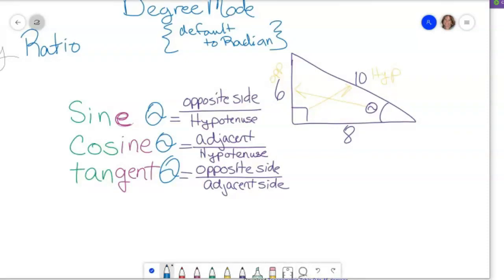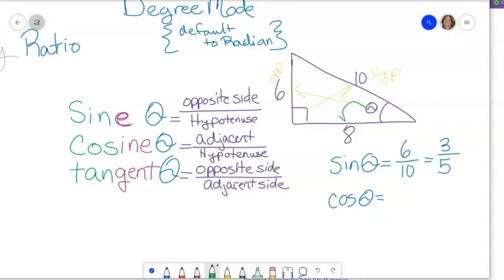All right, so if we want to find the sine of theta, just like I said, it's going to be the opposite over the hypotenuse, and that's going to reduce because we can reduce both of those by 2, right? 2 goes into 6 3 times, 2 goes into 10 5 times. So the ratio of my two sides there, my sine, is 3/5. Cosine of theta, adjacent over hypotenuse.